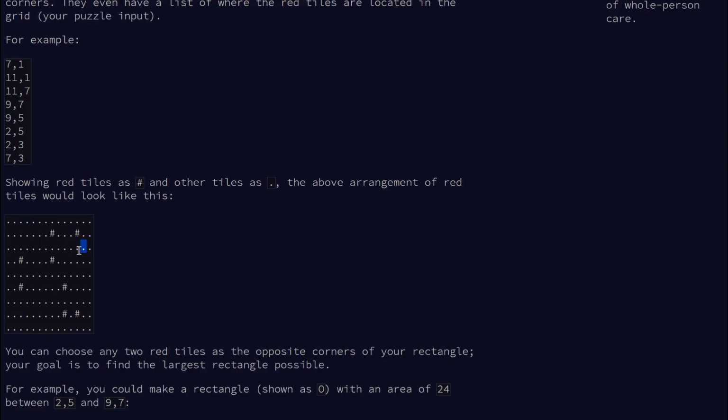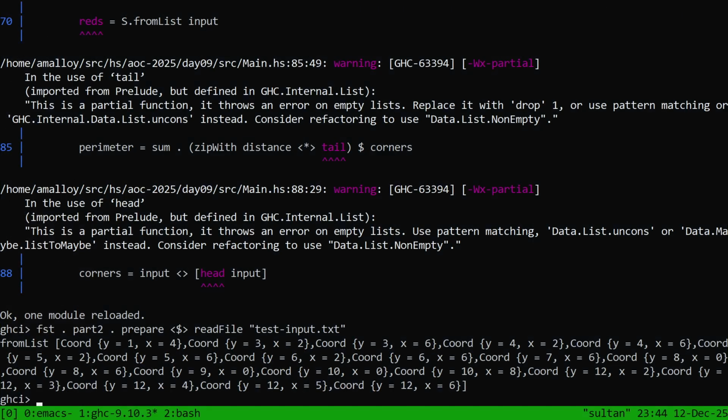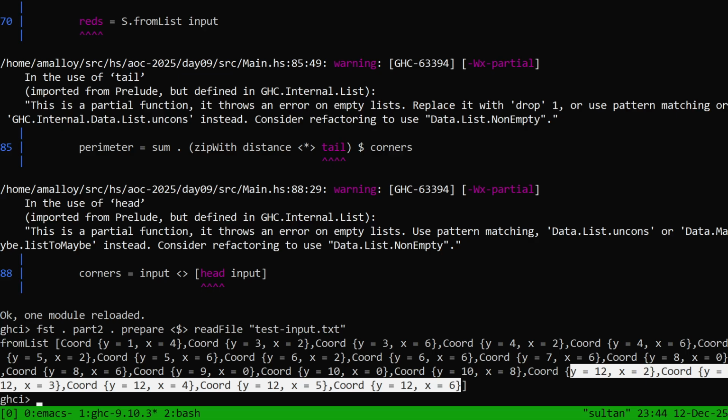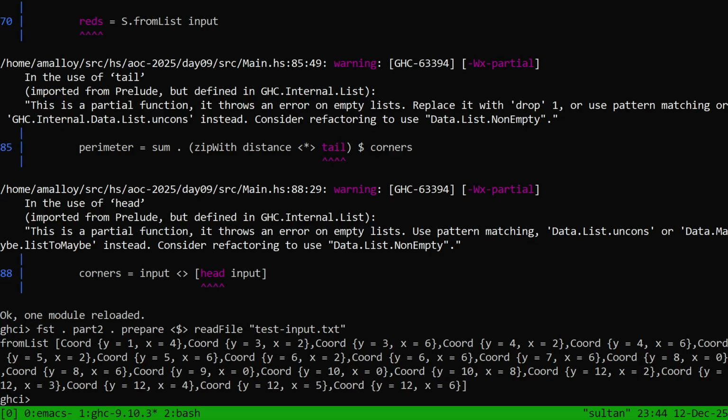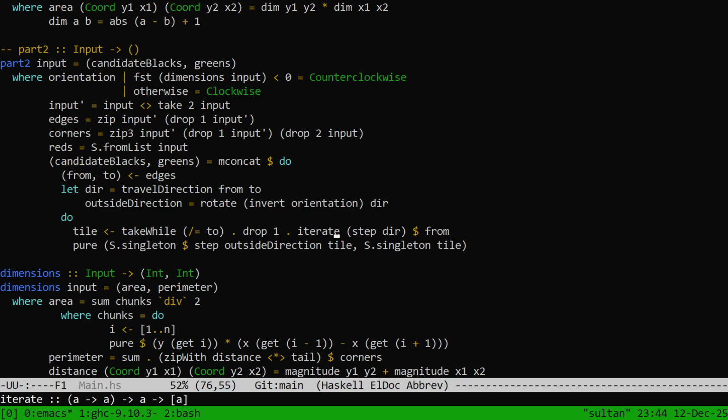So y12 from like 2 to 6 should all be in there. And indeed, that's exactly what we have. So I think we have correctly labeled the edges, the outside of the graph that is next to a green tile from the perimeter, which is what I wanted to do. Perfect. We're not done yet, but we're getting there.